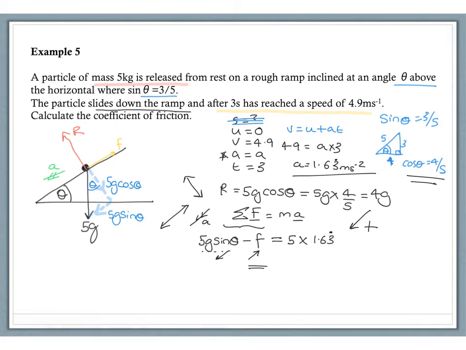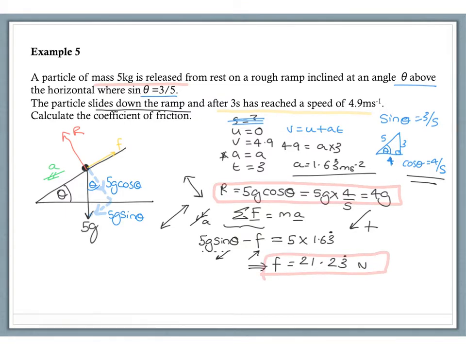And from here, we can rearrange this equation to calculate the friction. So my friction is equal to 21.23 newtons. I now have my reaction force over here. I have my friction over here.